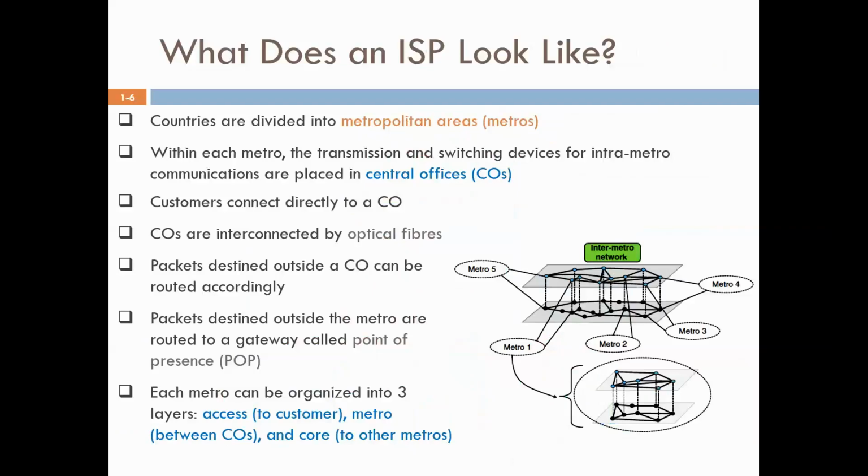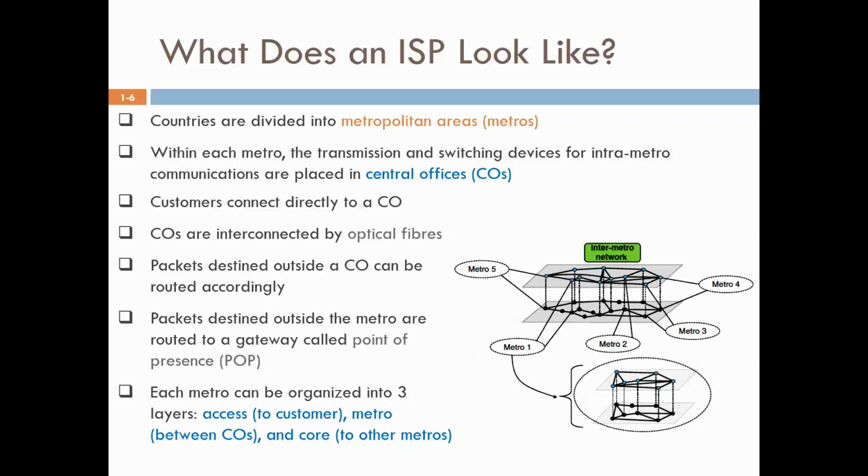Okay. So this brings us to the discussion of what an ISP looks like. The ISP, you can actually think of it as a big data center. The ISP provides networking services to an entire country, for example. And so, again, it is actually categorized into levels.